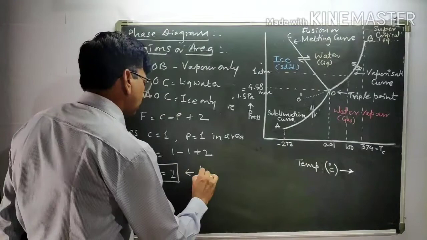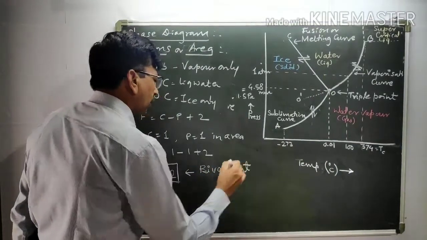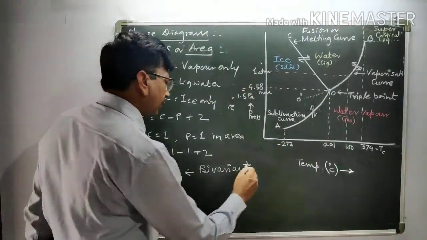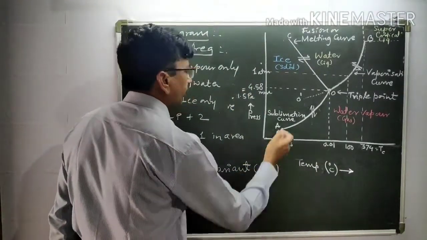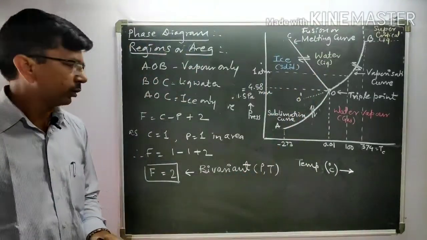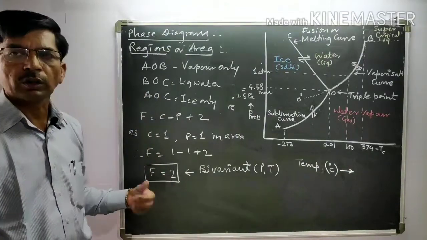So the system is bivariant. That is, in the regions we have two variables, pressure and temperature. So we can vary pressure and temperature in the area or region. This is the calculation of the Gibbs phase rule in the regions.